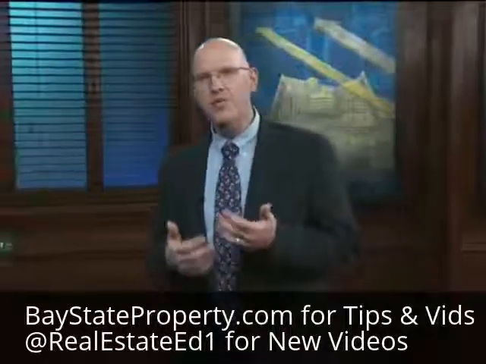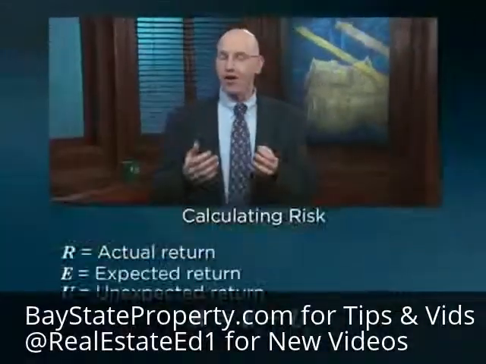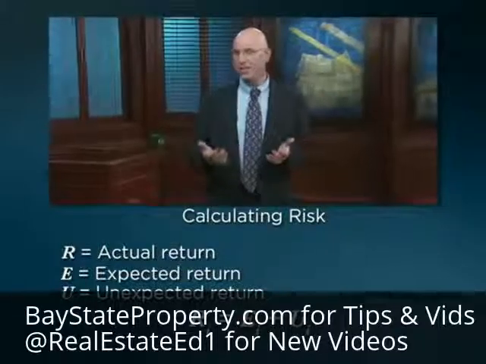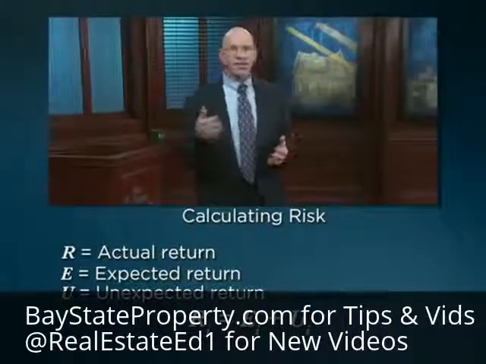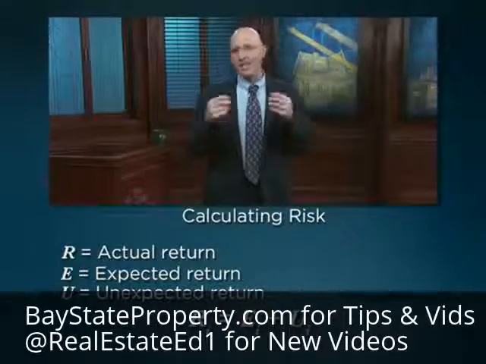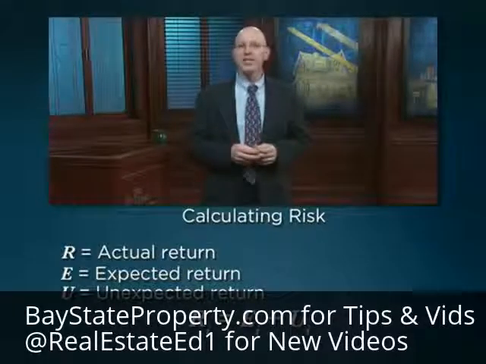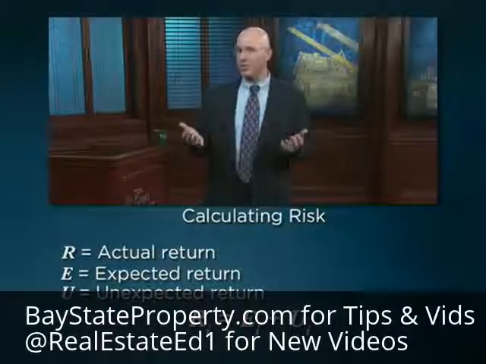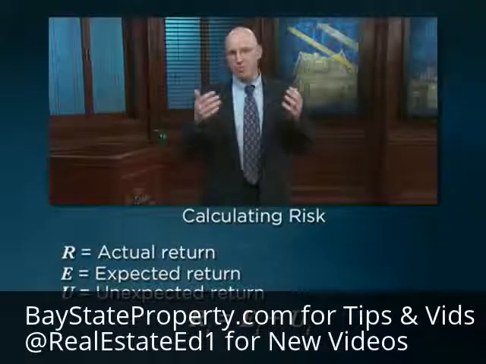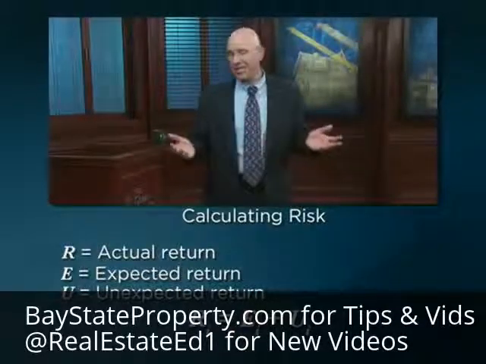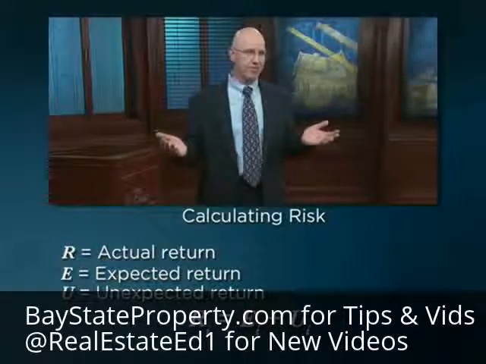Now remember that we can write the actual return as Ri equals Ei plus Ui, where R is the actual return, E is the expected return, U the unexpected return, and the subscript i references the type of the asset. Suppose I only hold one asset, call it asset 1. Then the actual return is going to fully reflect both the expected return and the unexpected return on asset 1, and I have to live with whatever unexpected returns I receive.